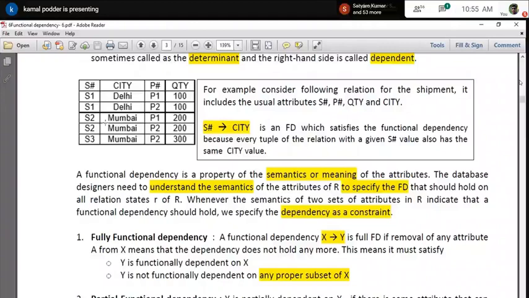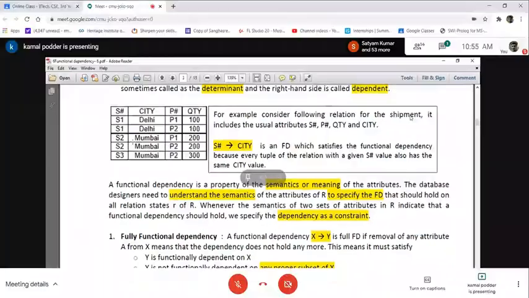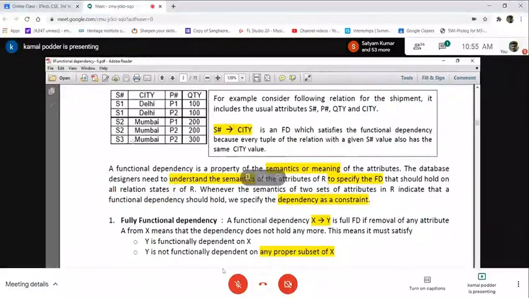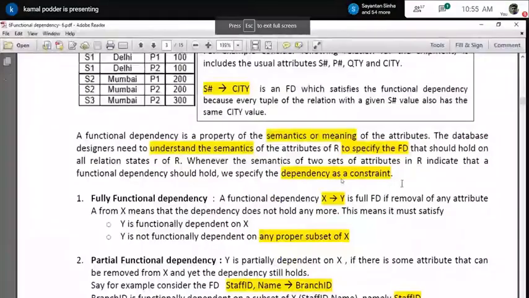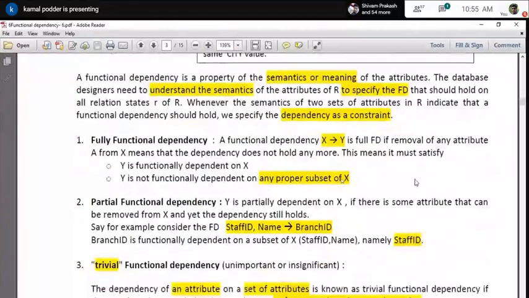So in this way, you have to find out. The database designer needs to understand the semantics of the attributes of R to specify the FDs that should hold on all relational states of R. At a particular point, if there is a set of records, by seeing that and understanding the meaning, you have to find out the functional dependency.